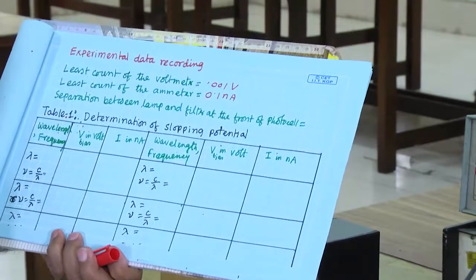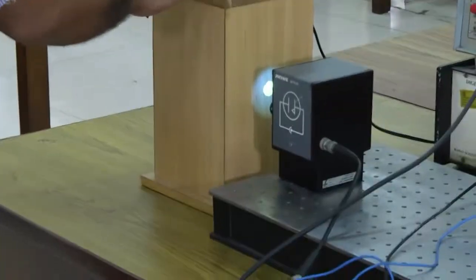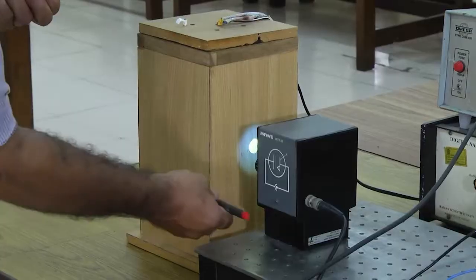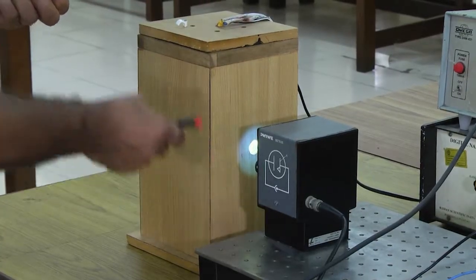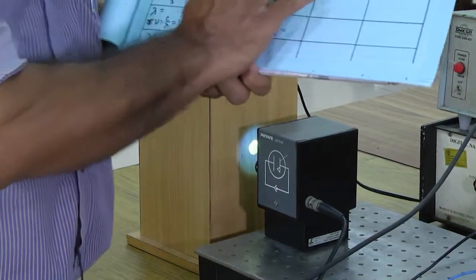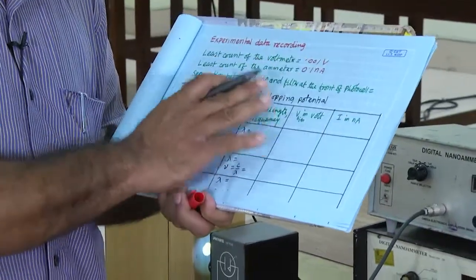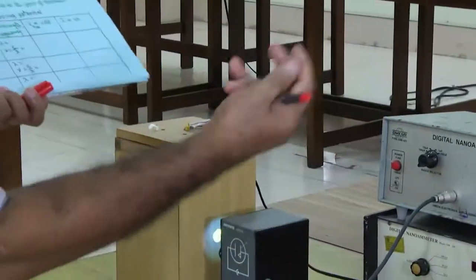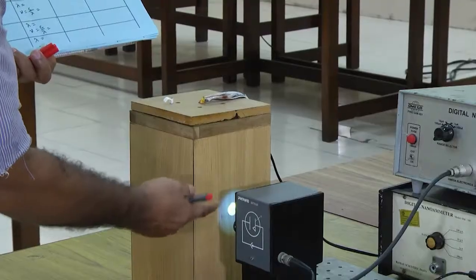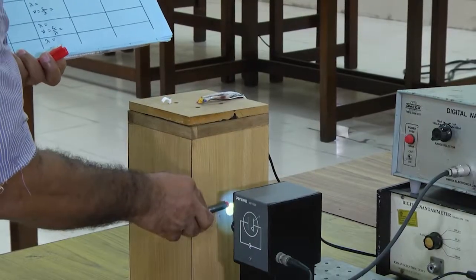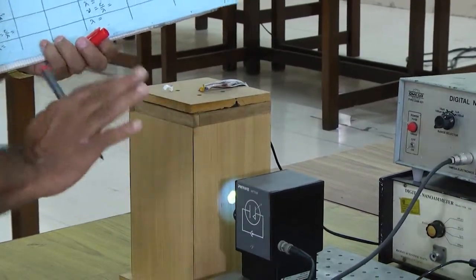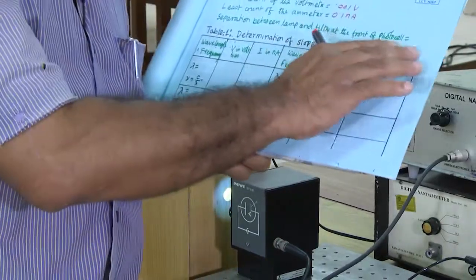This is the lamp and the filter. We generally note down this distance because we should not change it during the experiment. So we just take a scale, measure it, and note it down.